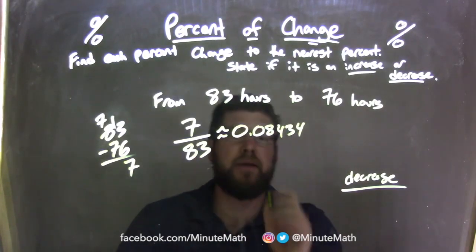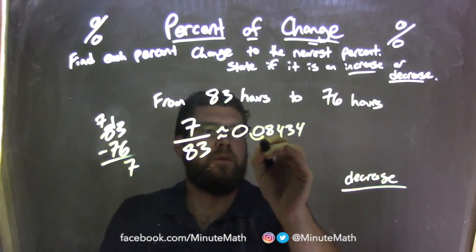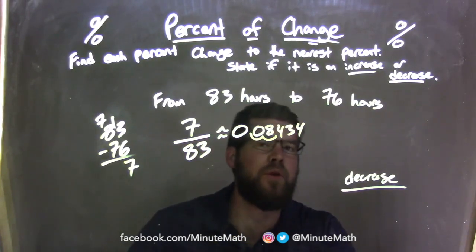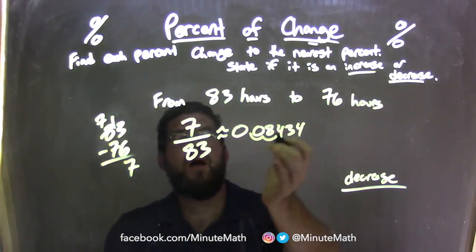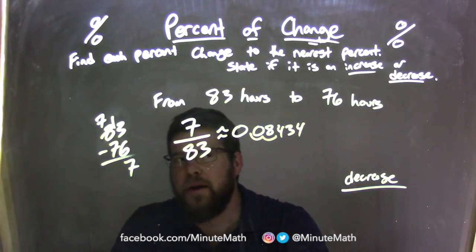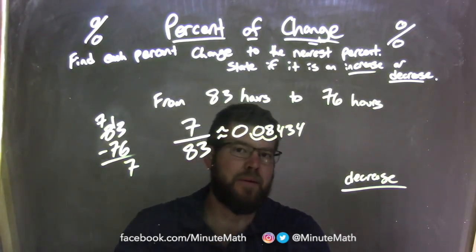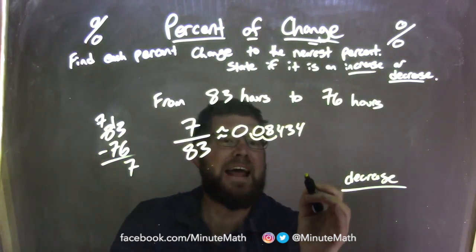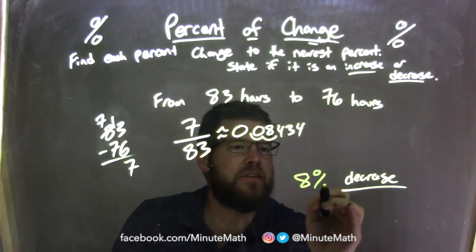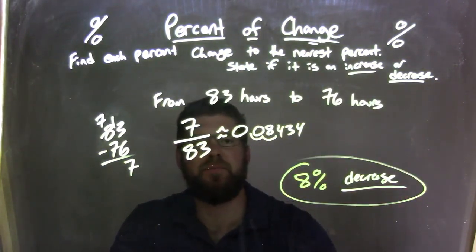So I take the decimal and move it 2 units, get 8.434, round from that. That 0.4 is less than 5, so we don't round up. We keep it the same. We have 8% as our decrease.